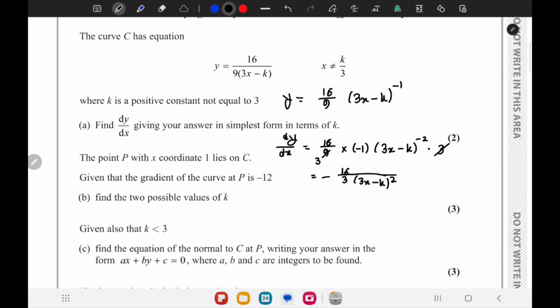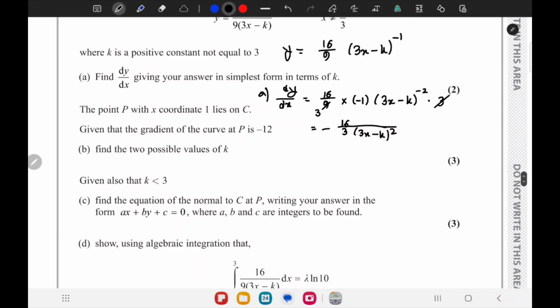This is part A. Now in part B, we are given that the point P with x coordinate 1 lies on C. We are also given that the gradient of the curve at P is minus 12. We have to find the two possible values of k.